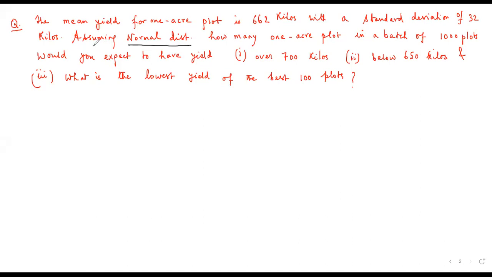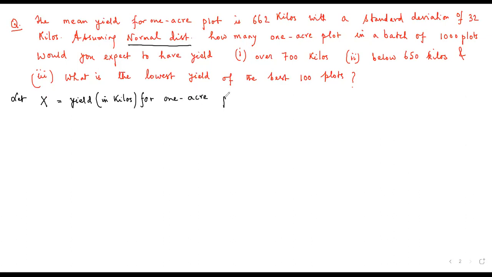Since it has been already assumed that the variable under consideration is normal, first of all, you have to define the random variable. If your random variable is denoted by capital X, then it gives you the yield in kilos for a 1 acre plot.